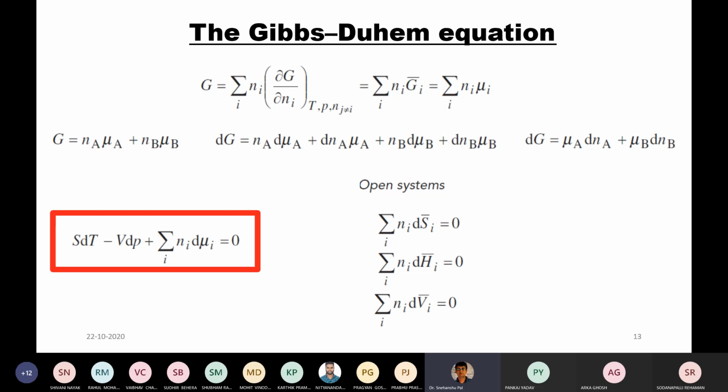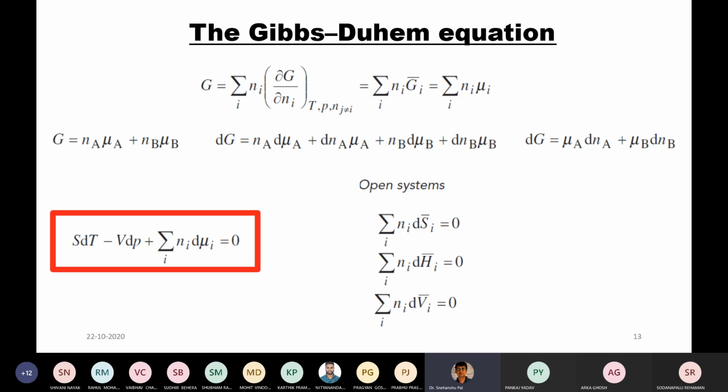For any arbitrary system, if you want to write the Gibbs equation, you can write it like this: S dT minus V dP plus summation over i of Ni d mu i equals 0.